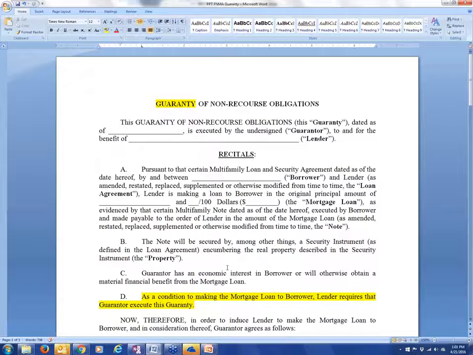If you committed fraud and they take the property back and have lost money, remember, it's no longer non-recourse, and now they can come after you personally because you signed a guarantee.